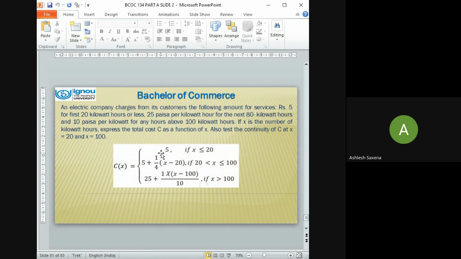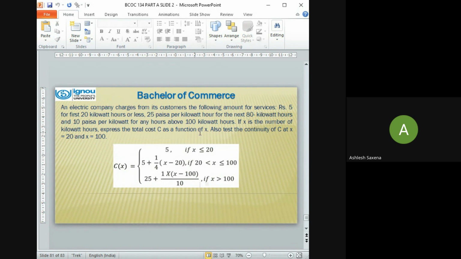I'm talking about the component which is more than 20 and less than 100. The question is where this 100 came from. It is 20 plus the next 80 units. It will be 25 paisa, that is 25 by 100, that is 1 by 4, times x minus 20. This is the second part.